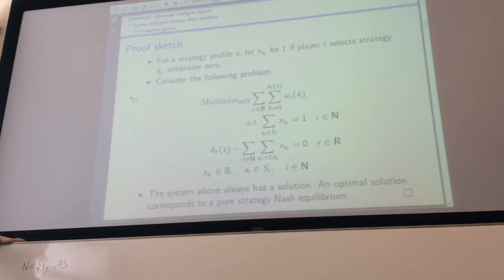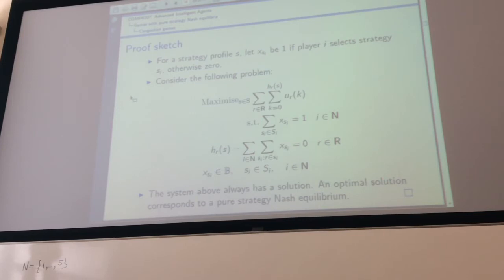And then, using those variables, Rosenthal, the author of the paper, defined this optimization program that maximizes some function. We will get to that function in a second, under some constraints. What are the constraints? The first constraint: the sum of x's for each agent is 1.